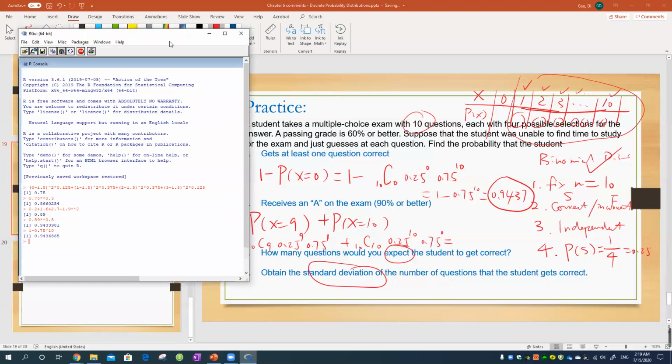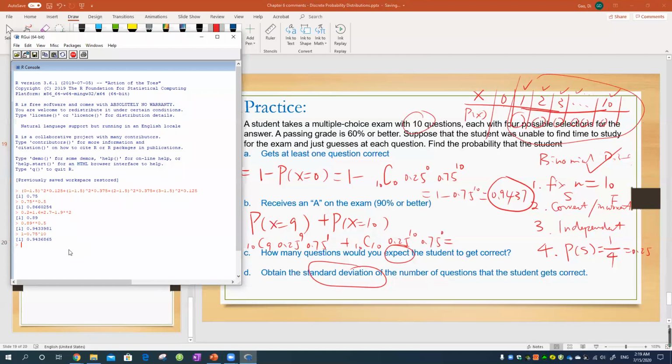So we use our calculator: 10 times 0.25 to the power of 9 times 0.75, plus 0.25 to the power of 10, because the rest is going to be 1.